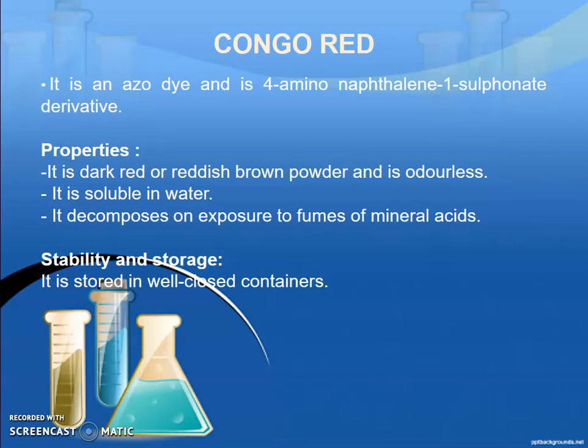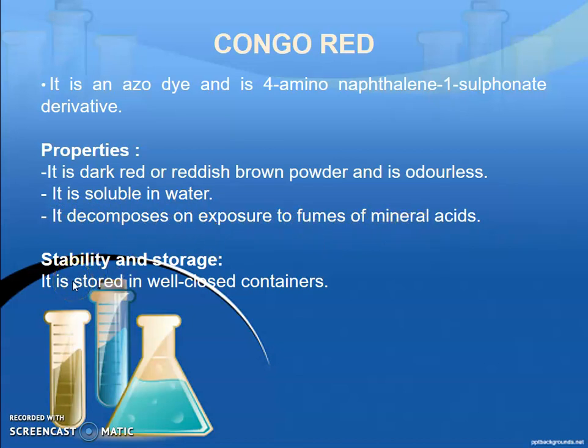Then Congo Red. It is an azo dye and is a 4-amino-naphthalene 1-sulfonate derivative. Property: it is dark red or reddish brown powder and is odorless. Solubility: it is soluble in water and it decomposes on exposure to fumes of mineral acids.